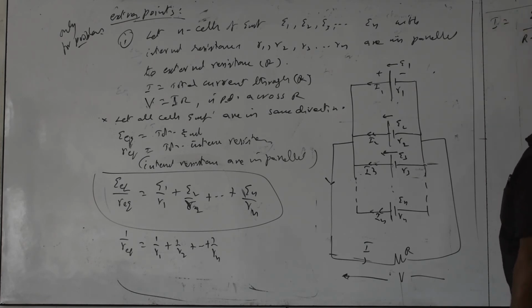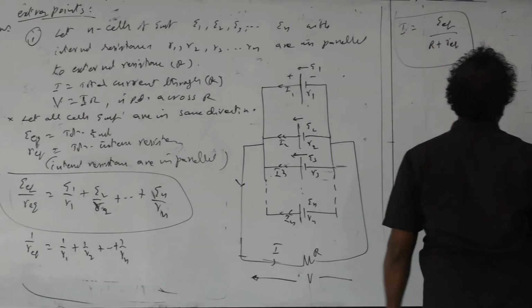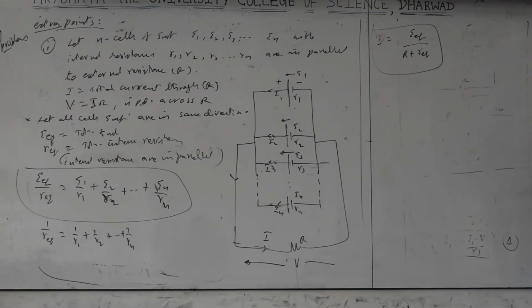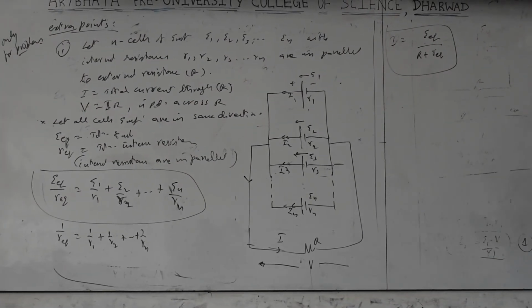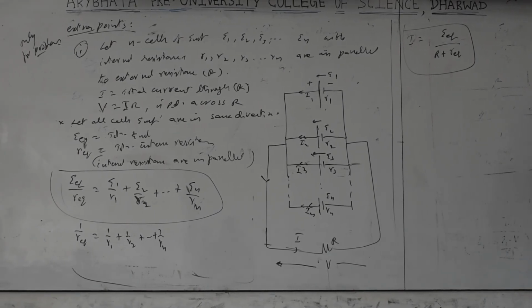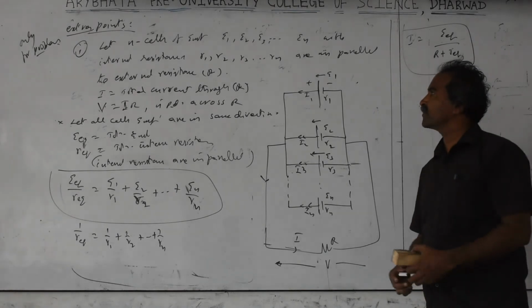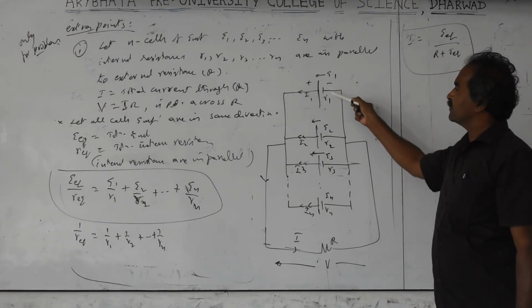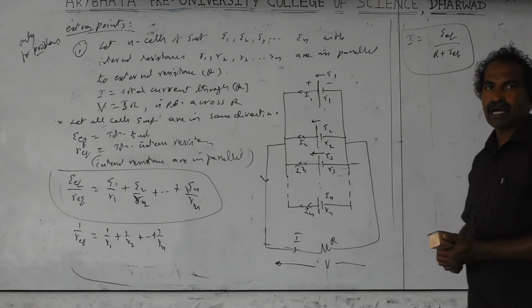This is the relation in any case of the cells, with the external resistance. If they are identical cells, that we will discuss in the next class. In case you have taken identical cells, then E1 equals E2 equals E, and R1, R2 become R.